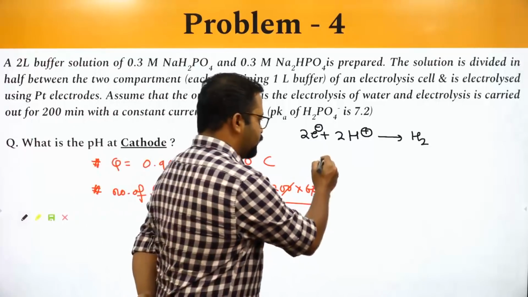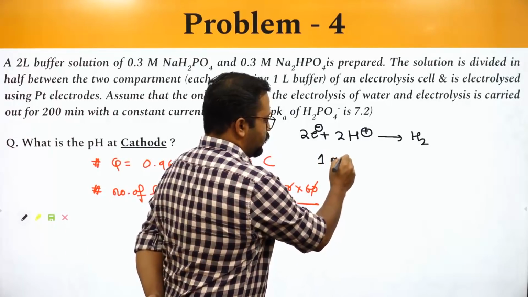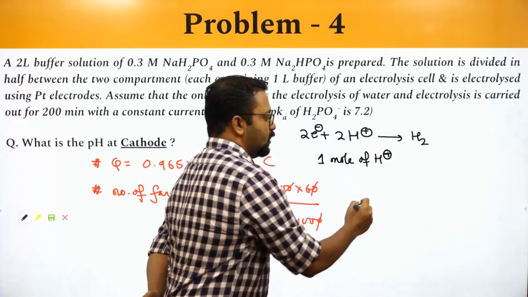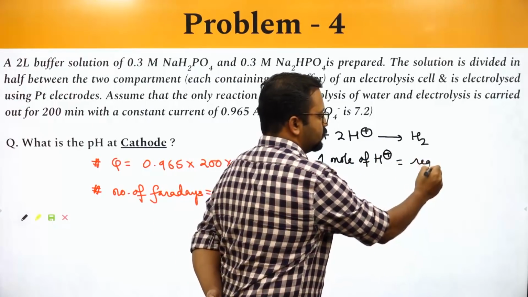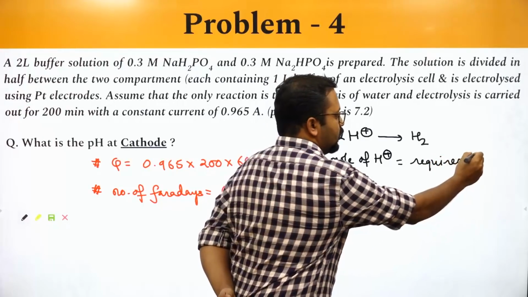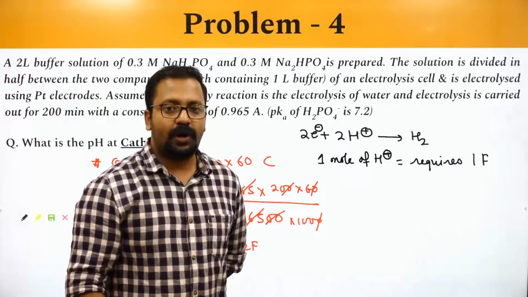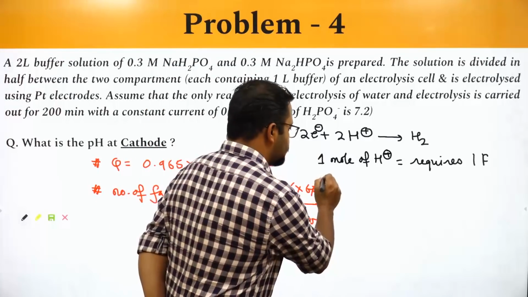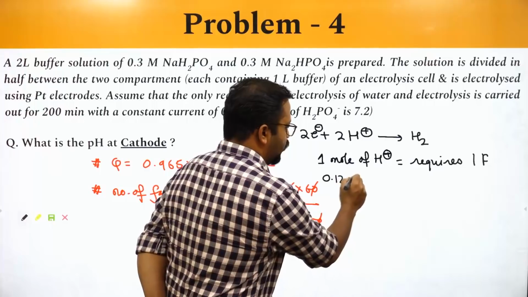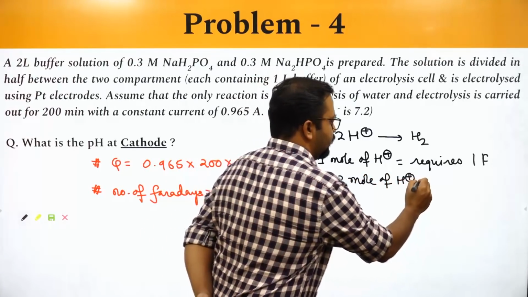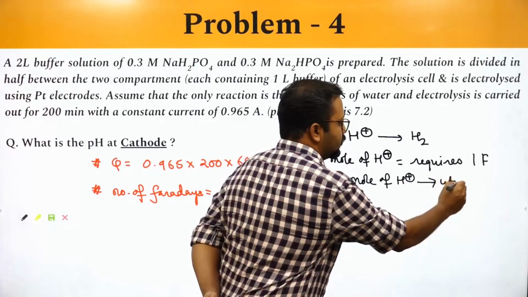So 1 mole of H plus requires 1 Faraday. So I have provided 0.12 Faraday. So how much reaction will take place? 0.12 mole of H plus will be utilized.